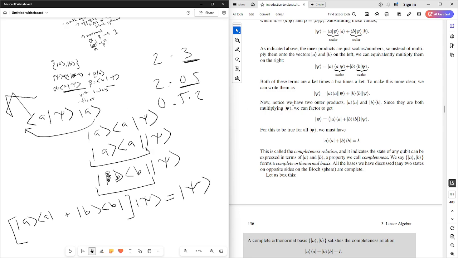Working back, we know that we put our amplitudes in the form of inner products. Then we extracted outer products from that notation. Then we grouped the outer products. And this is equivalent to our original state, right? Our original state that we had up here.